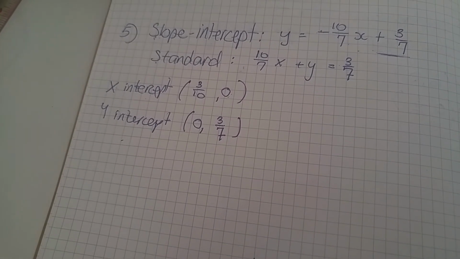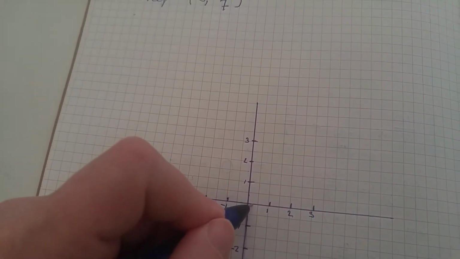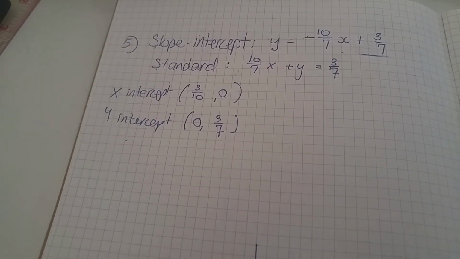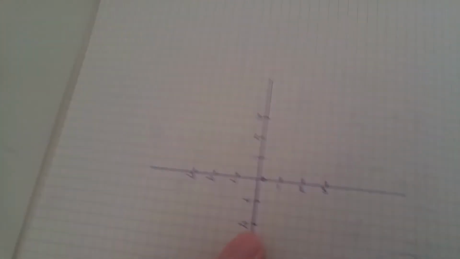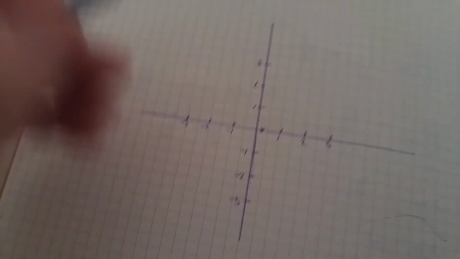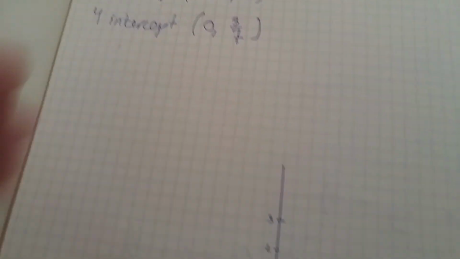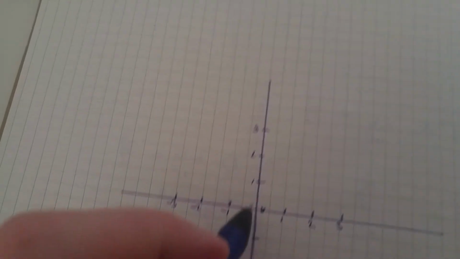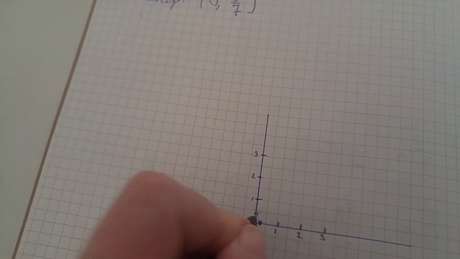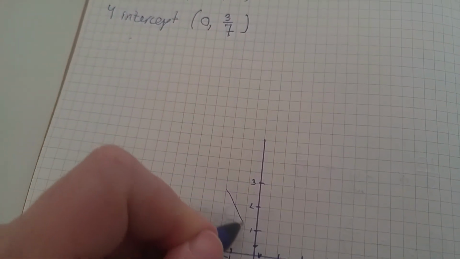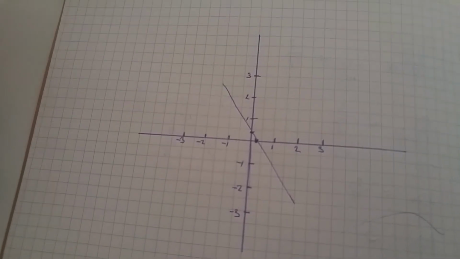We've got our coordinates: 3 over 10, which is roughly here, and 0. That's the x-intercept, and the y-intercept is 0 and 3/7, which is about here. So we can draw our line in, and that's what it would look like on a graph.